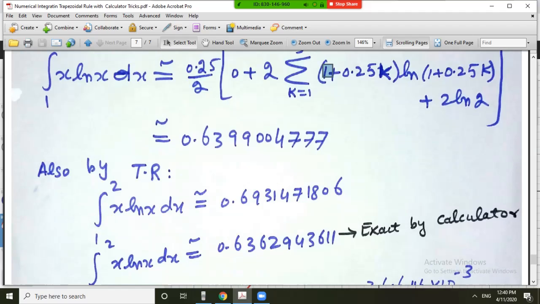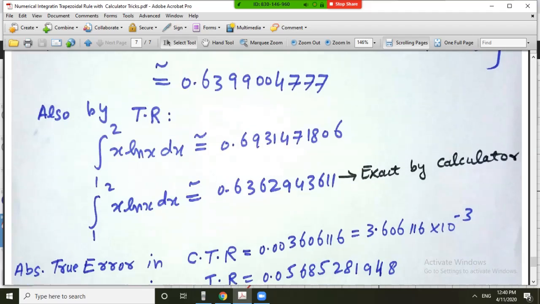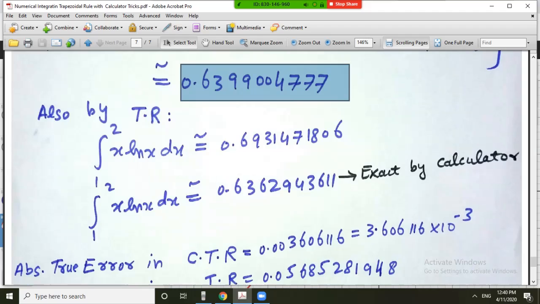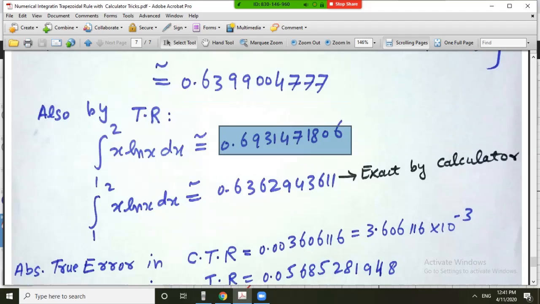Now let us compare the result of trapezoidal rule. This is just directly the result. I have not used the formula, but directly written the calculation of trapezoidal rule. Look at this. In the composite trapezoidal rule, we have 0.6399, and here we have 0.693 something. While the exact value by calculator is this.